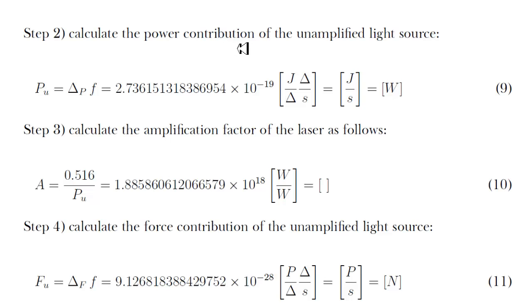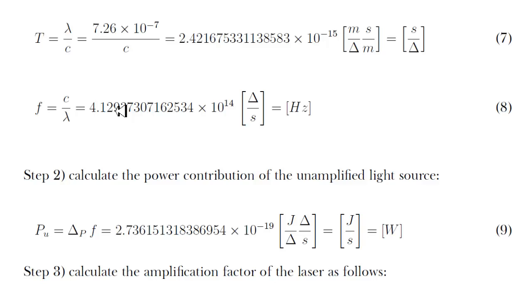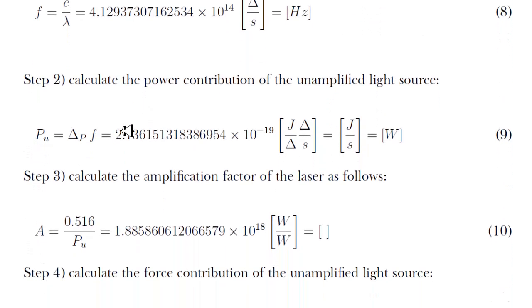This is the power contribution of the unamplified light, which I am referring to here as P sub U. So P sub U is equal to the cycle of power times the frequency, which we had here, and you end up with 2.736, etc., times 10 to the minus 19 joules per second.